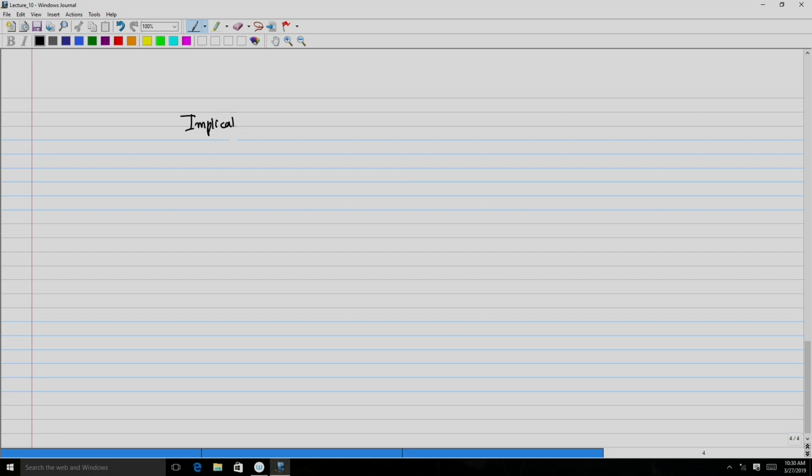So, now let us look at an implication of this two-fund theorem that we have done. I will just note down what the implication for this is.